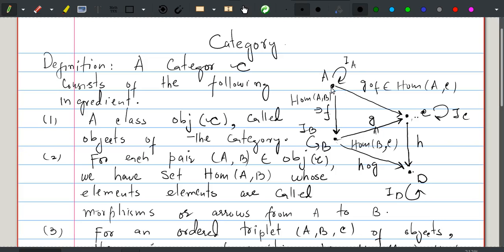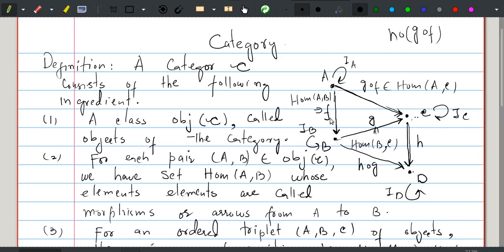Now to go from A to D, there are two ways. First, we can take this route, G composed with F, and then H. So first take this route, G of F, and then H. Now there is another route.